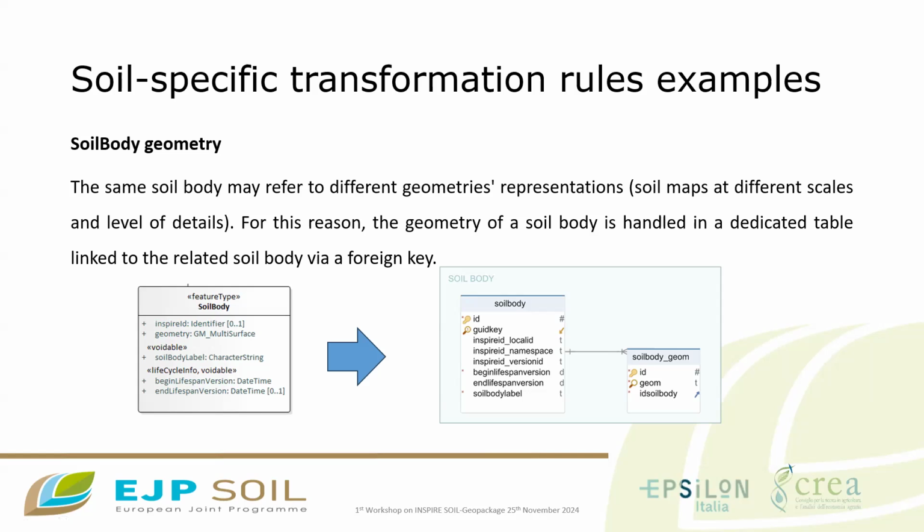Since the same soil body description may refer to different geometry representations, for example, soil maps at different scales and different levels of detail, the geometry of the soil body, which in INSPIRE is in the related feature type as a GM multisurface, is handled in our data model, so the GeoPackage data model, in a dedicated table that is linked to the parent table through a foreign key, the ID of the specific soil body object.